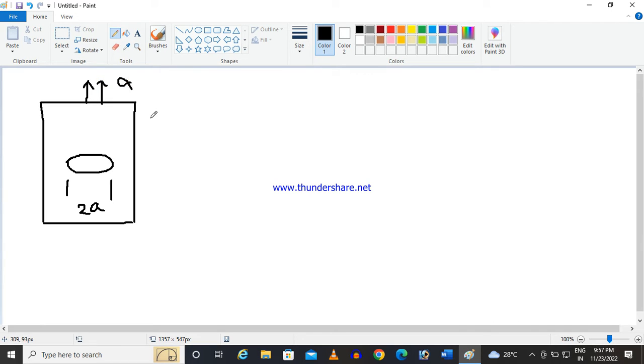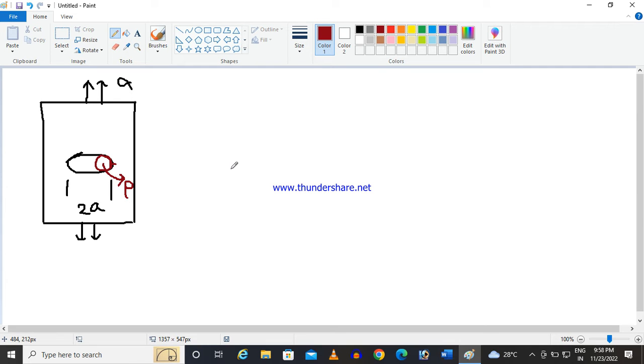Here is my applied stress, and this side also. What will happen is this crack will get opened, it will become like this. One more thing we will consider here is the crack tip radius, say this radius is rho.